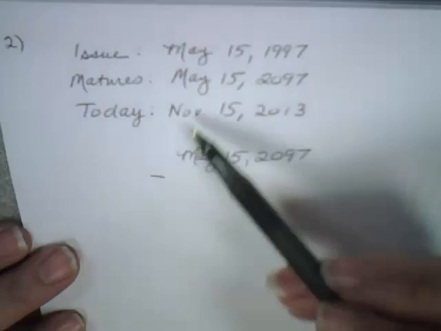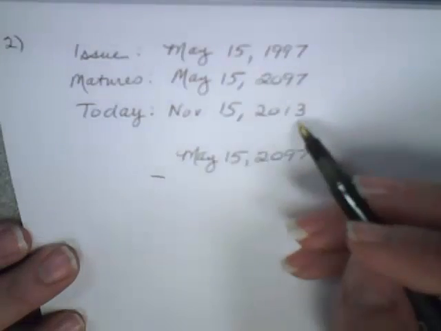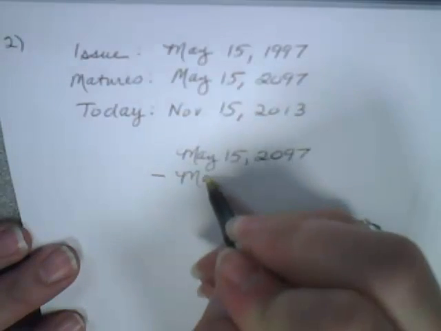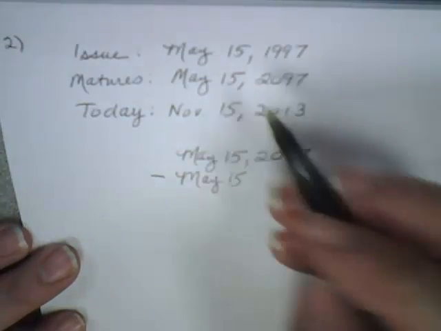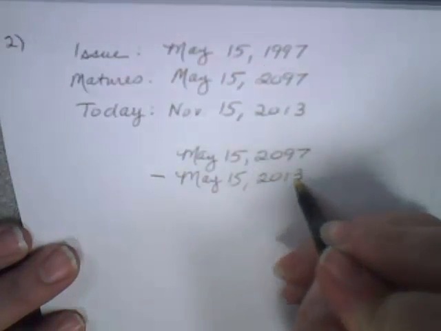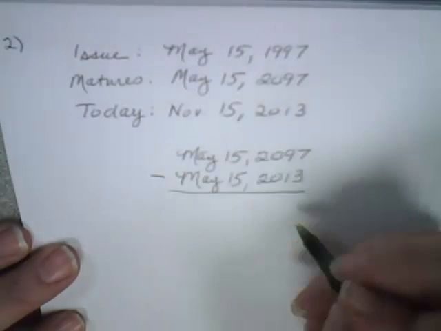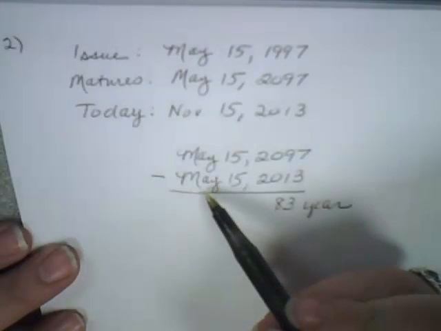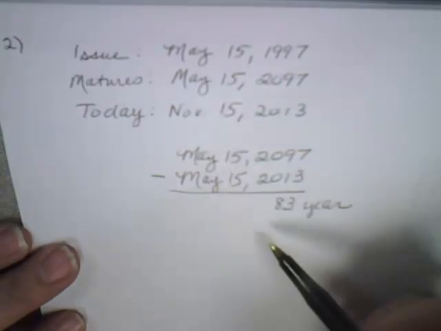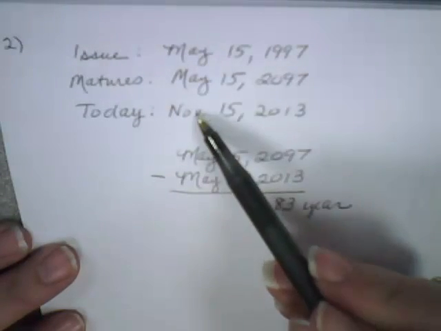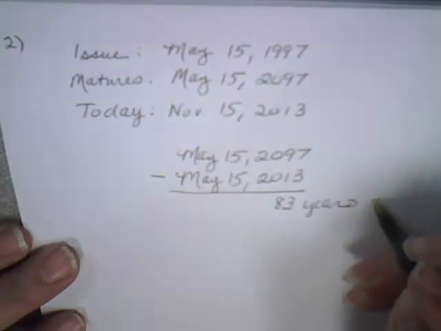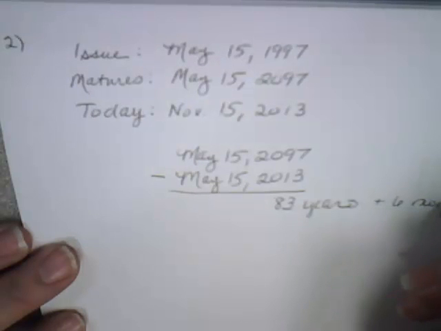Now, this is November, so that I'm dealing with the same months, I'm going to say May 15th, 2013, which is going to give me that 83 years. But I've got several more months, okay? So between June and November, that's another 6 months. That's where you get the 83 years and 6 months.